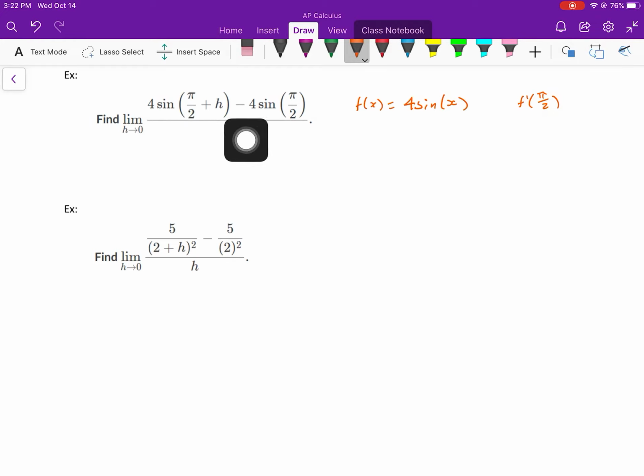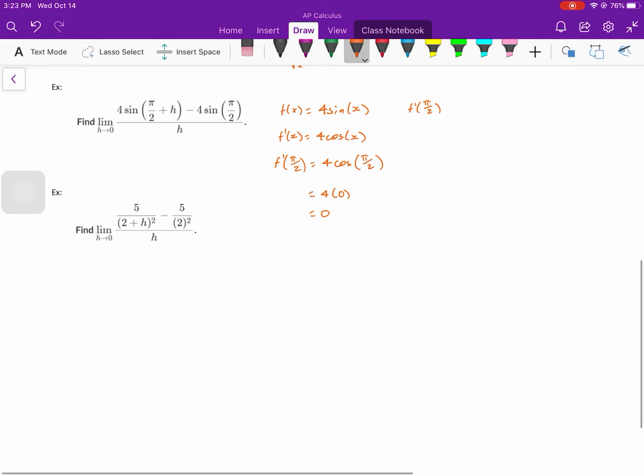So pi over 2 is where we're evaluating at, and then the rest of it's our function, 4 sine. So f prime of x is going to be 4 cosine of x. So then f prime of pi over 2, if you're in pre-calc, just plug that into Desmos, make sure you're in radians. And if you're in calc, use the unit circle. 4 times 0 is 0.